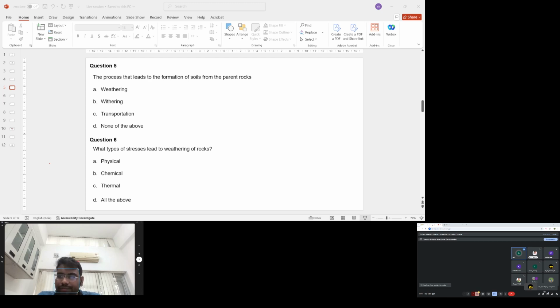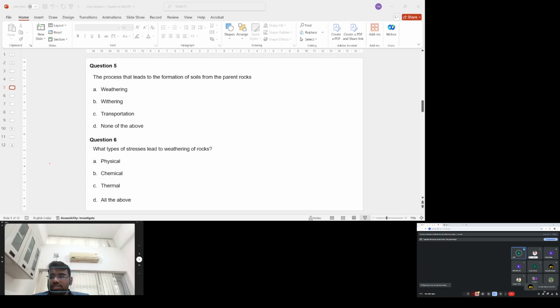And chemical is essentially when the rocks come into contact with water, which may or may not be pure. There might be some chemicals present in rocks which react with those minerals and disintegrate them. So that comes under chemical.